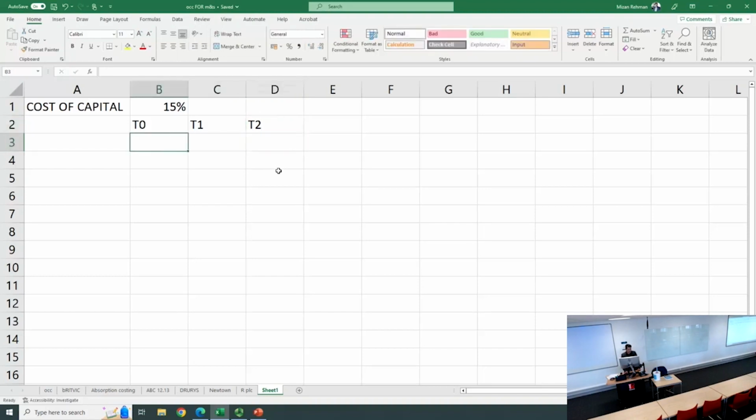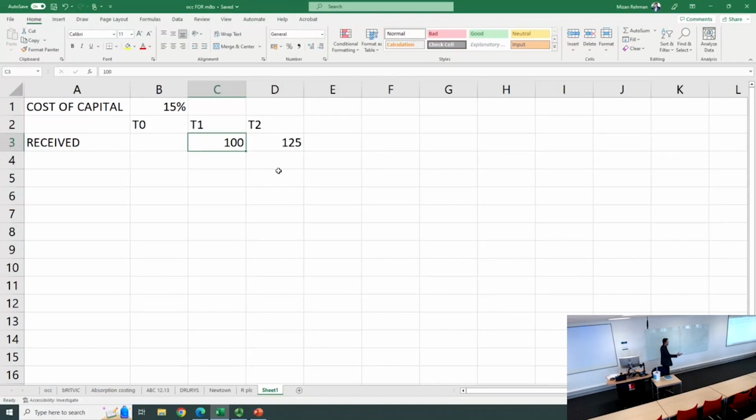The question says that received 100 and 125. The total amount you're receiving is 225. The question is asking, what is the value now?